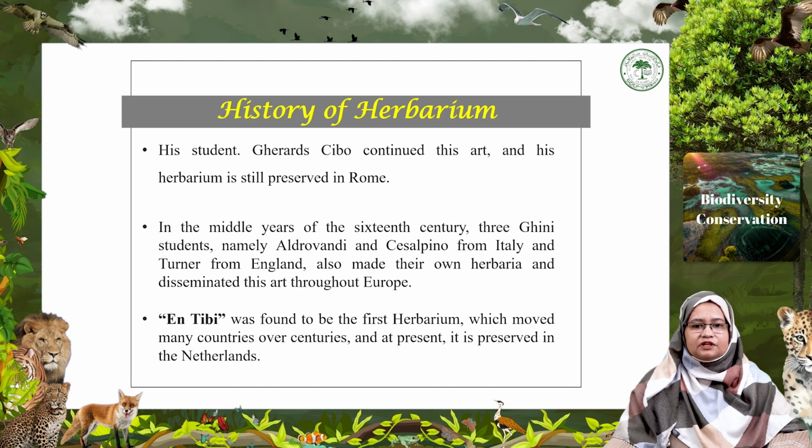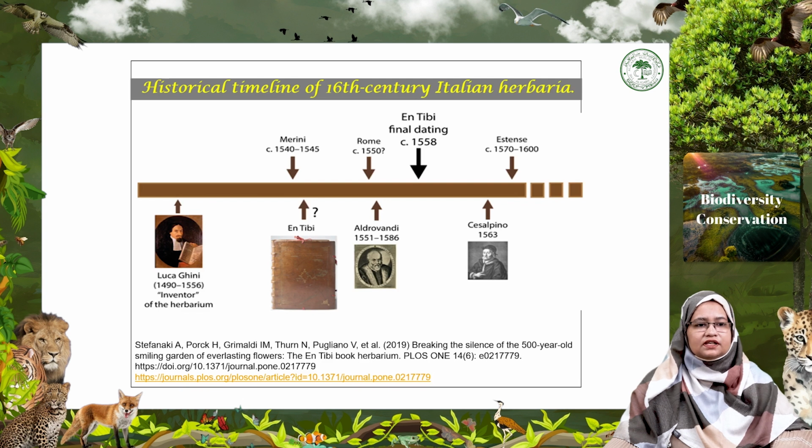And Erbario was found to be the first herbarium which moved to many countries over centuries, and at present it is preserved in the Netherlands. As you can see, this is the historical timeline of the 16th century Italian herbaria that was invented by Luca Ghini, and his students developed Erbario, which moved to different European countries.